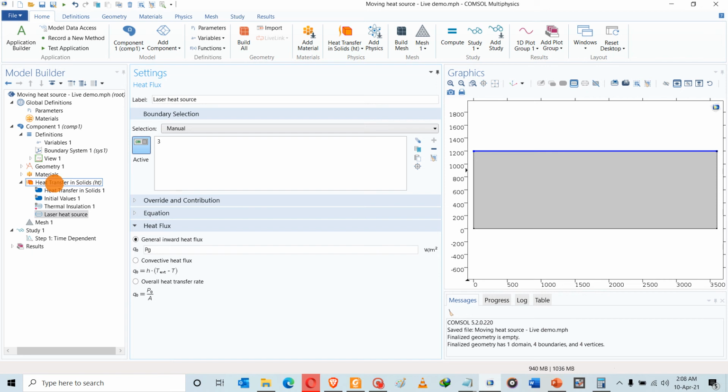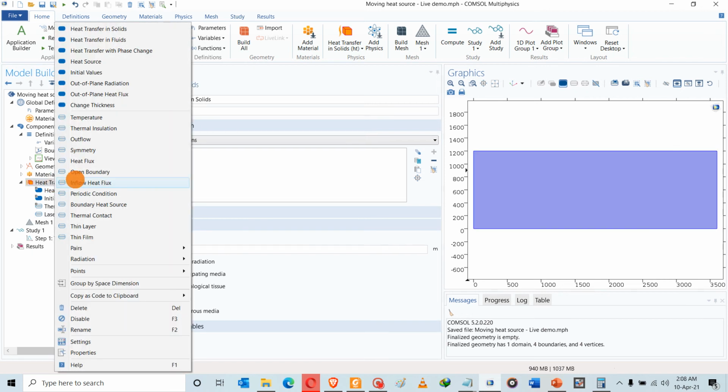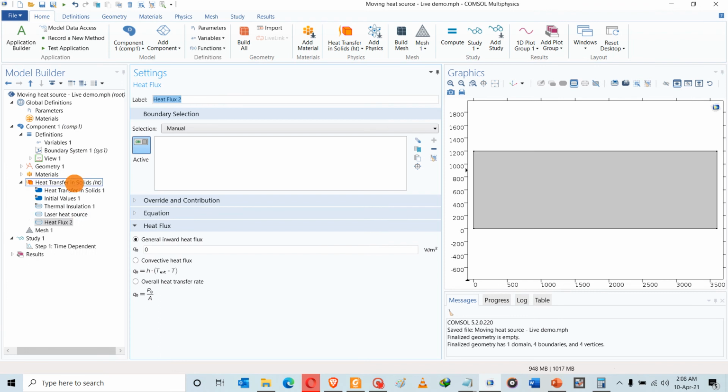Next, we add the convective cooling, which is also with the heat flux, and we rename that up there as cooling. The surface is cooling simultaneously as we irradiate with a laser beam, on the sides as well.